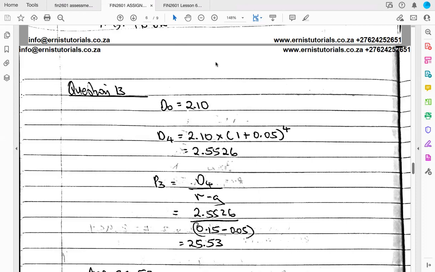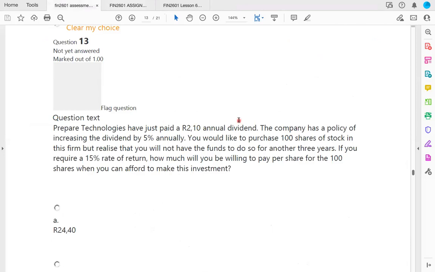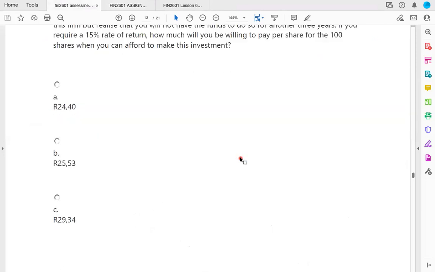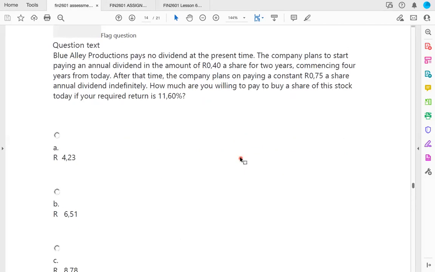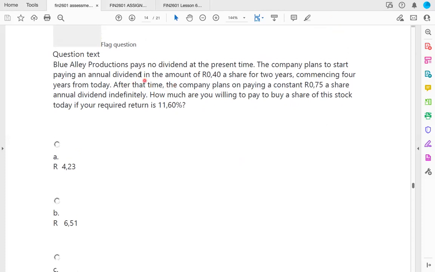So you see, this is one type of question you might get that's not the traditional type of question, right? And then another one is this question number 14. It is also a different type of question that you need to be familiar with, right?